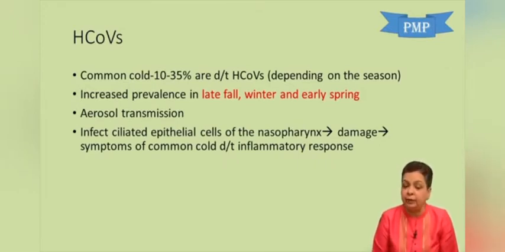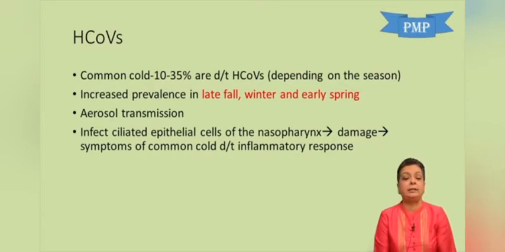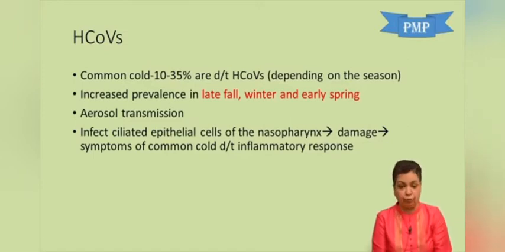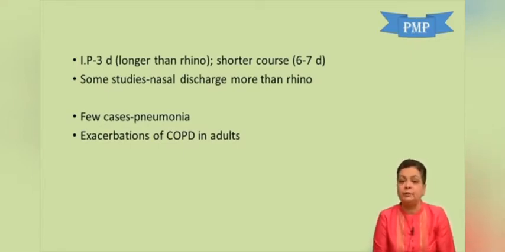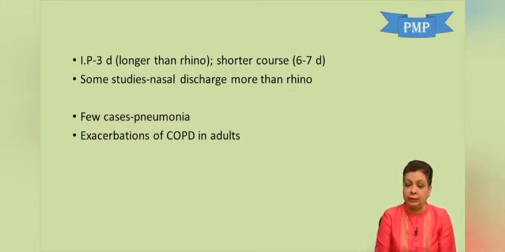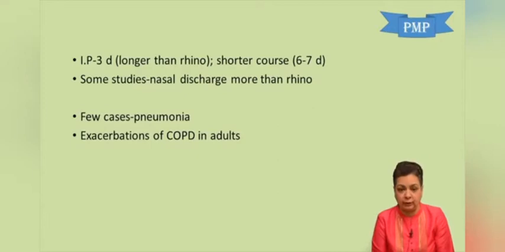They are transmitted via aerosols, infect the ciliated epithelial cells of the nasopharynx, damage these cells and lead to symptoms of common cold due to the inflammatory response that develops against them. The incubation period is 3 days and they have a shorter course, 6 to 7 days. Some studies have shown that they are associated with more nasal discharge than rhinoviruses. Sometimes they can cause pneumonias and exacerbations of COPD in adults.